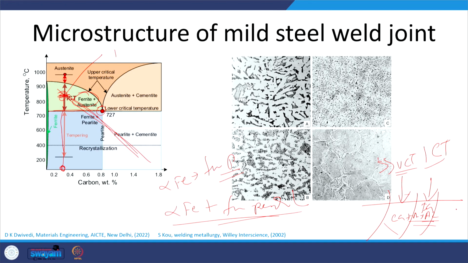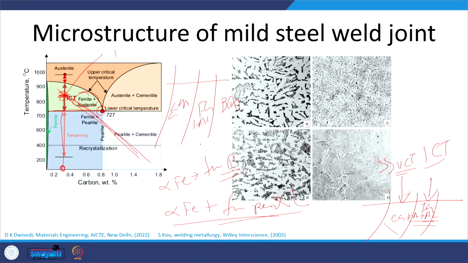Further away, the zones which are heated below the lower critical temperature remain in the ferritic and pearlitic state, and no major microstructural change is experienced in those zones. That is why we get the coarse grained HAZ, fine grained HAZ and base metal.